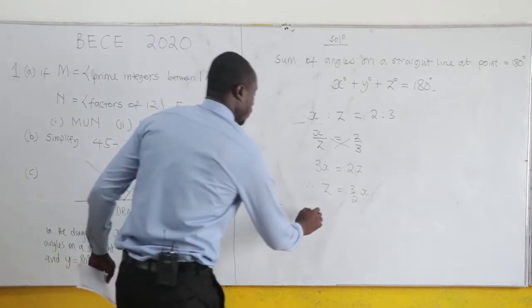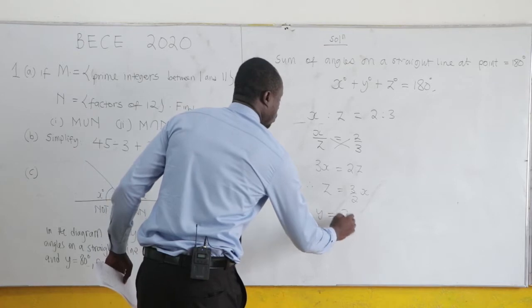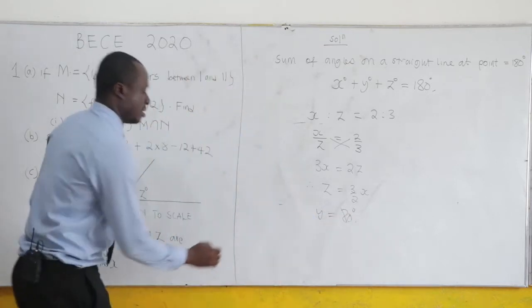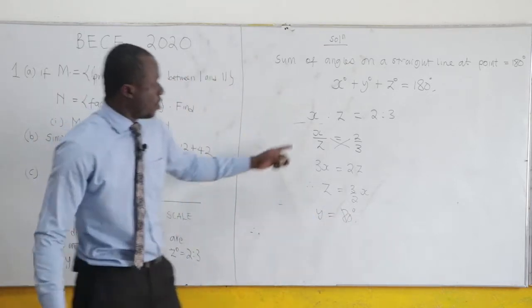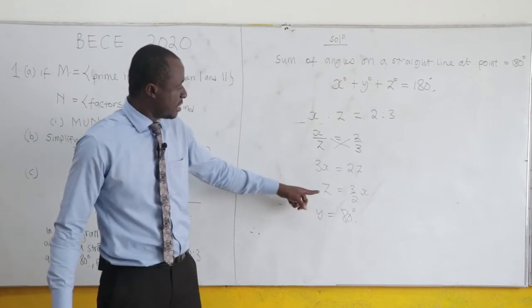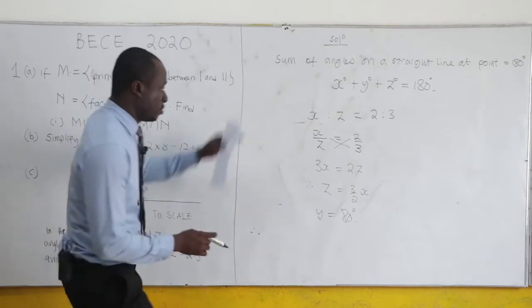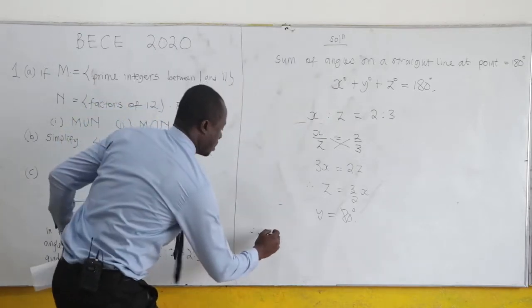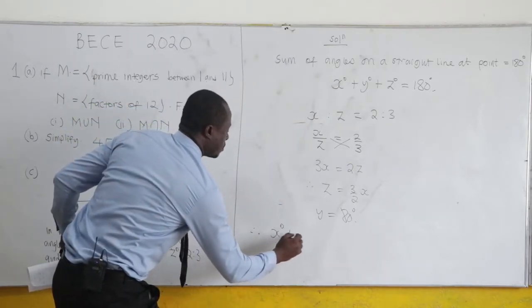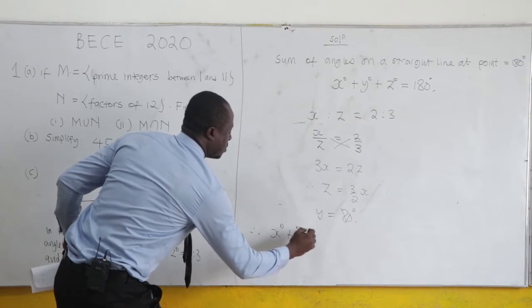And then I was also given y to be equal to 80 degrees. Therefore, what is my z? 3 over 2 x. What is my y? 80. Let me substitute into this. When I substitute into the first one, I have x degrees, what is my y? 80 degrees.